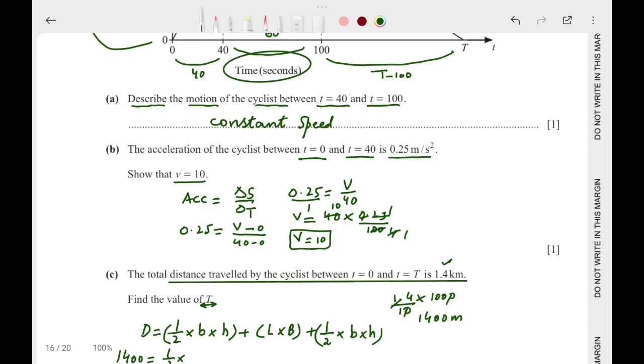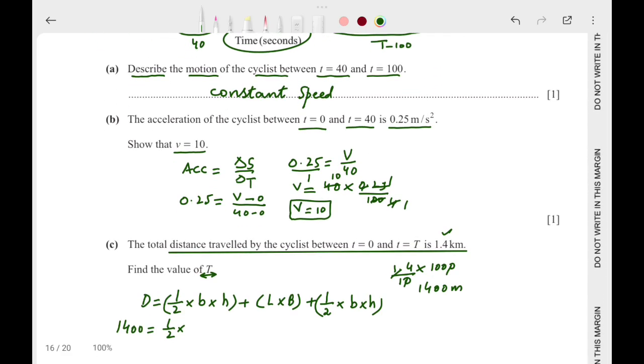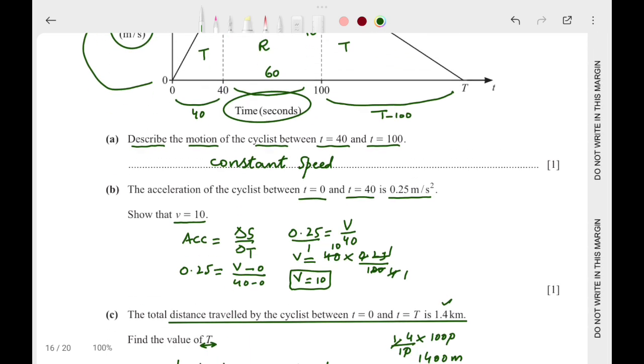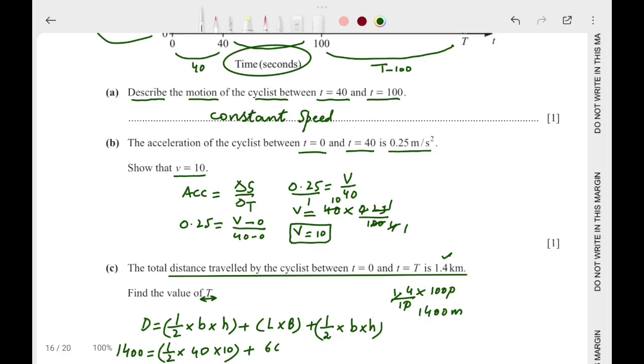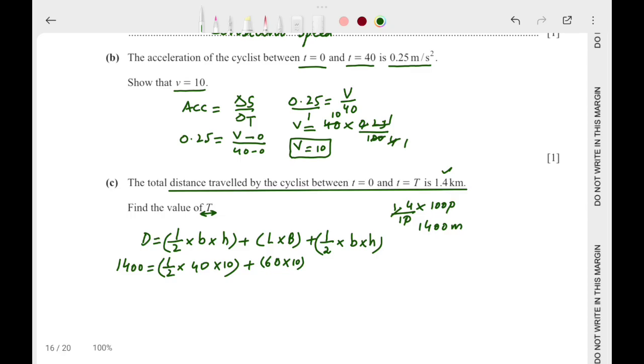So base is 40 here, 40 times height is 10, plus length is 60 into 10, plus base is t minus 100 times 10. Now we'll simplify the values. 2 times 1, 2 times 20.